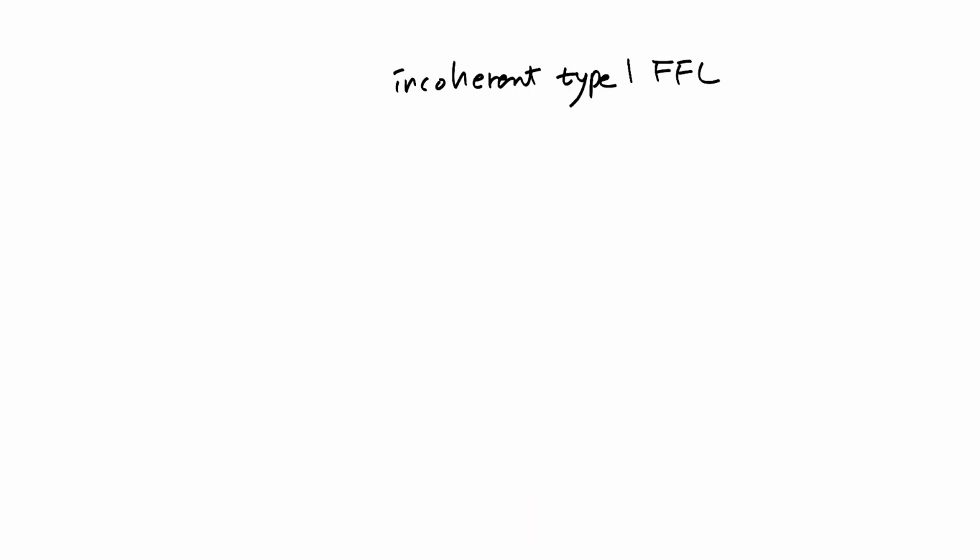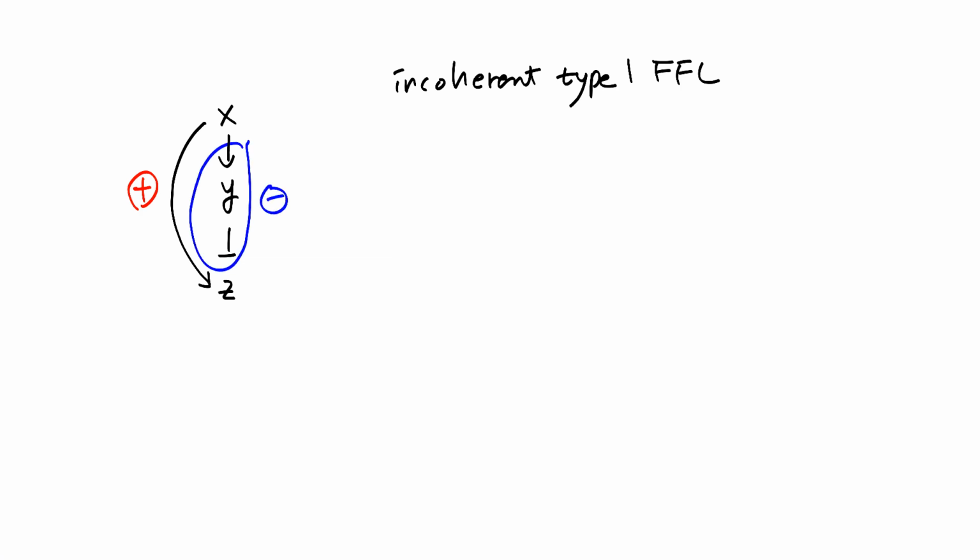Now I want to talk about incoherent type 1 FFL. Here we have a 3-gene network again, but this time X activates Y and Y inhibits Z, and X is activating Z directly. So the direct path is activation and the indirect path is inhibition. That's why we have incoherent FFL, because one is activation and the other one is inhibition.